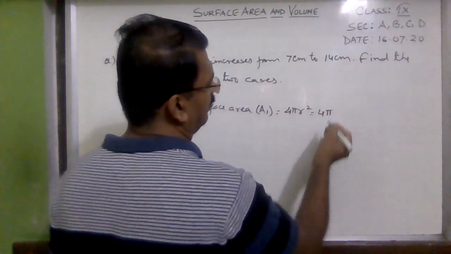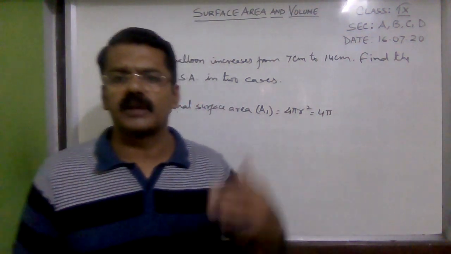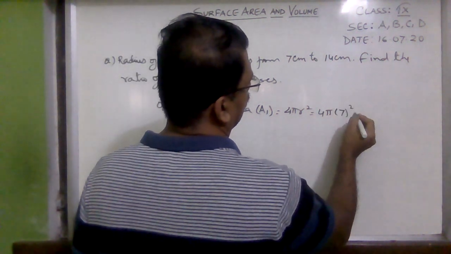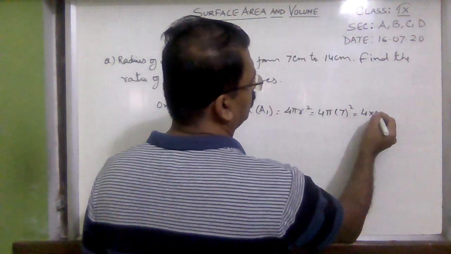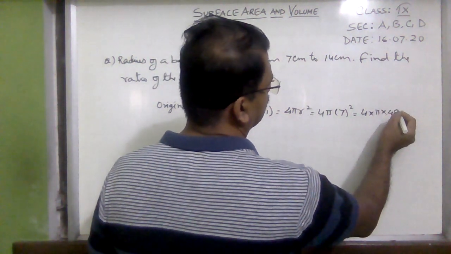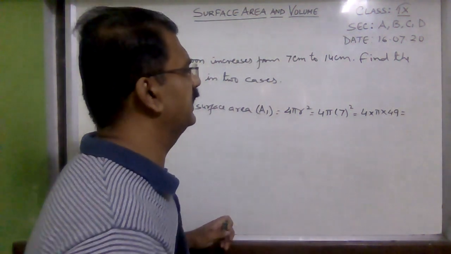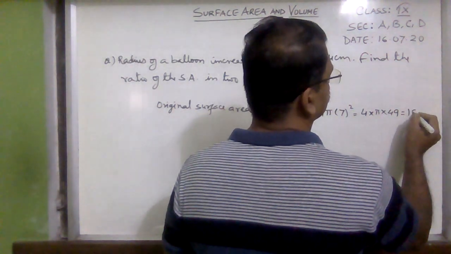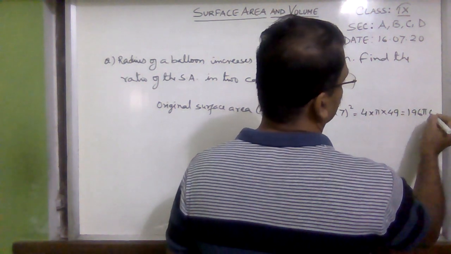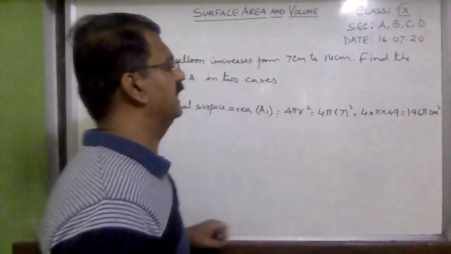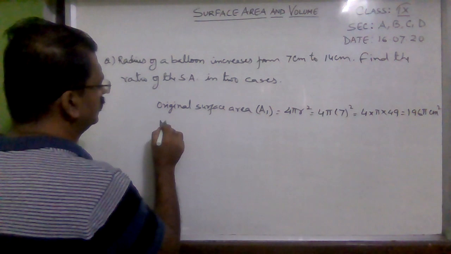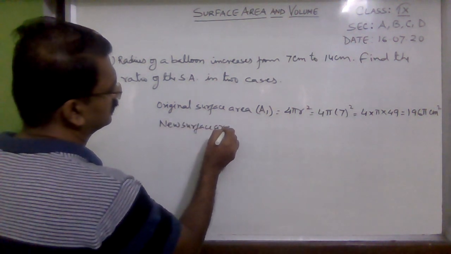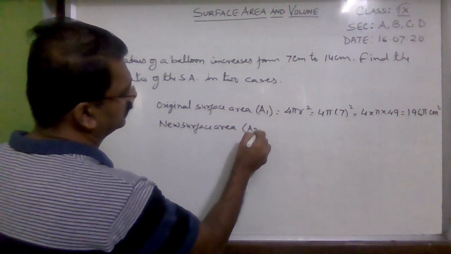We don't have to put the value of pi because when we find out the ratio, the pi will be cancelled. 7 square, that is 4 into pi into 49, and 4 into 49 will be 196. So it is 196 pi centimeter square. New surface area, let it be A2.